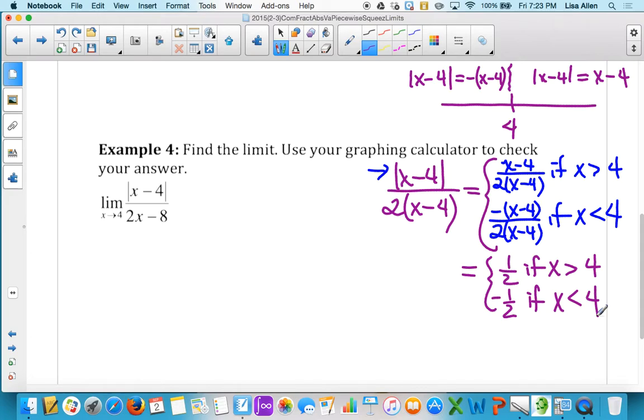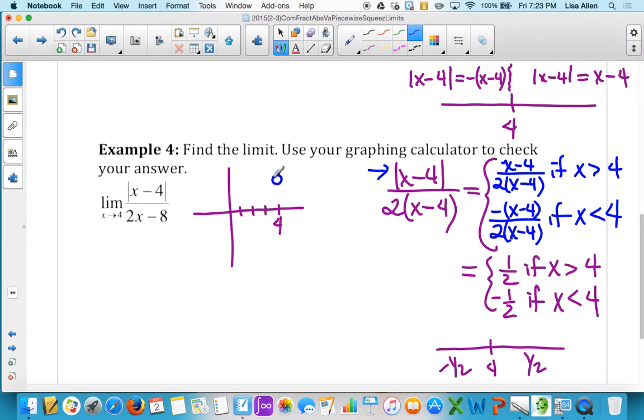So if we're looking at the value of 4, we can say it's 1/2 and -1/2 for the function values. And again, you can put it in your graphing calculator. We can even graph this. It's not too hard. 1, 2, 3, 4. So we know that we have a function value of 1/2 and -1/2.